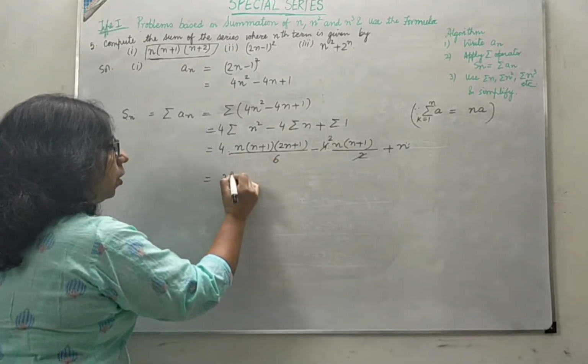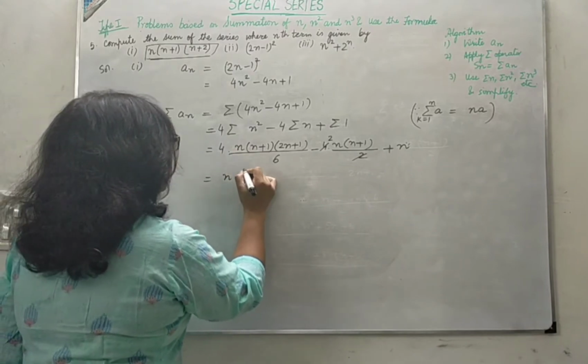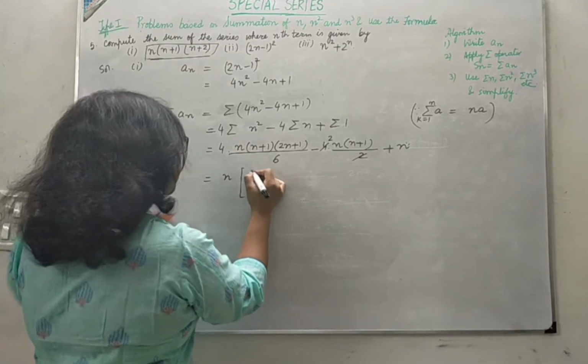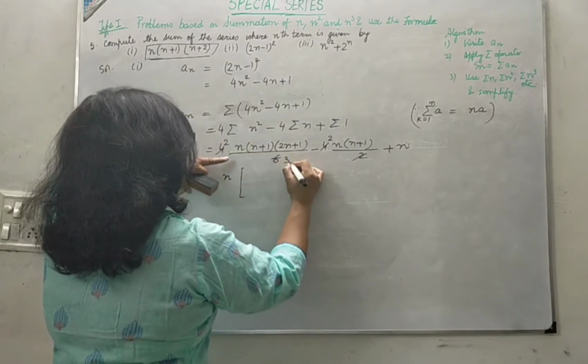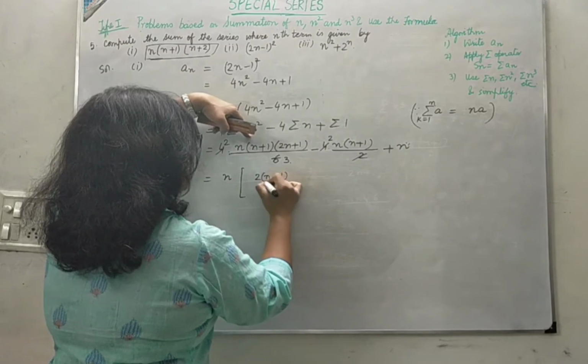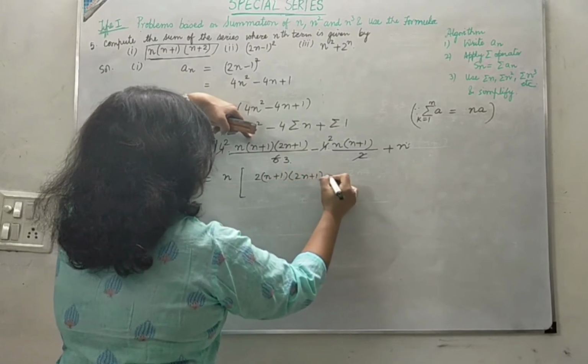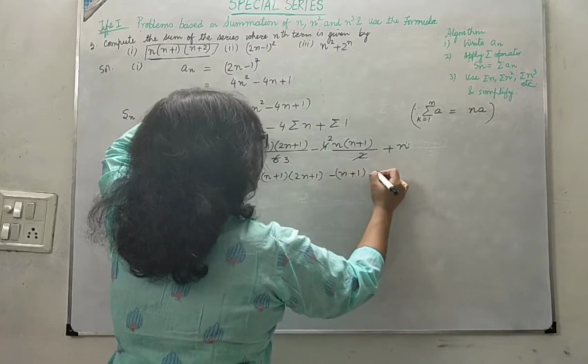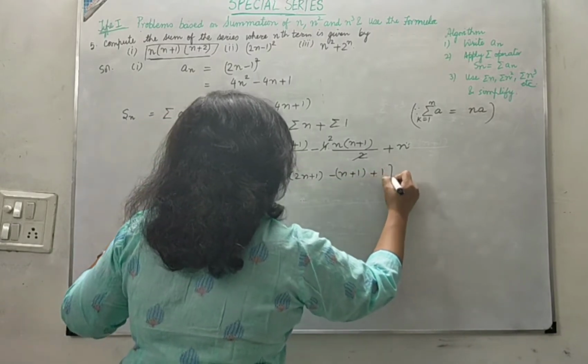This is your n common first of all, and we are left with 4 times this n plus 1 into 2n plus 1 by 6, minus 2 times n plus 1, and plus 1.